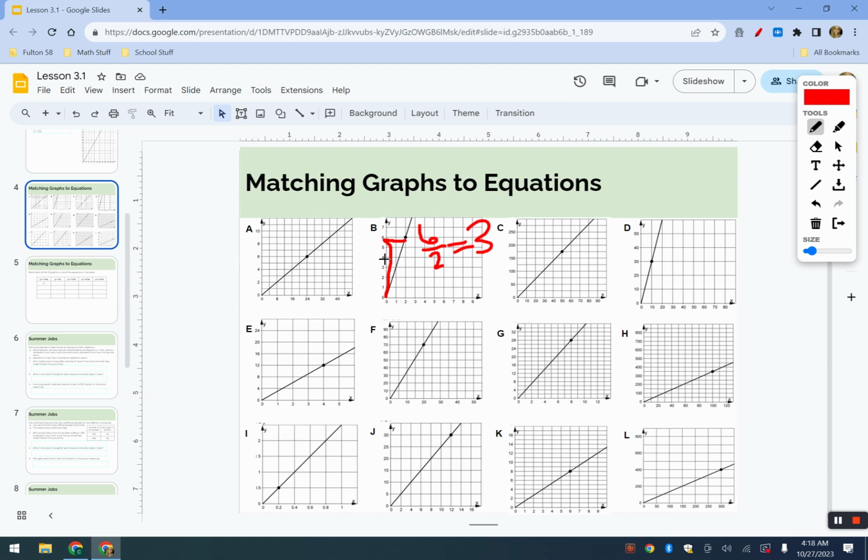So the other one that is also going to be a 3 is D. So up 30 over 10. 30 over 10 is also going to be 3.